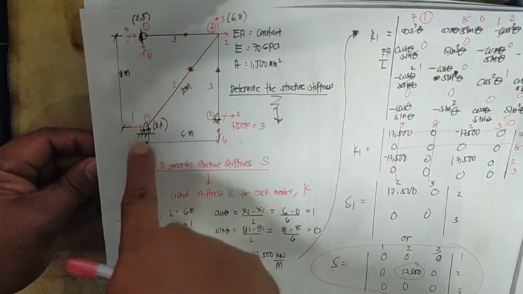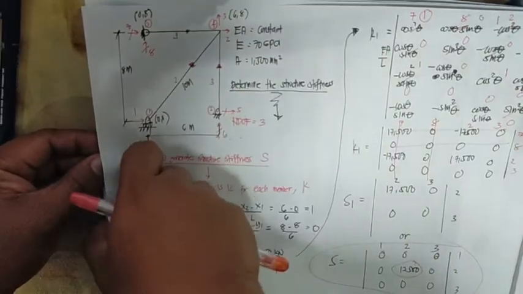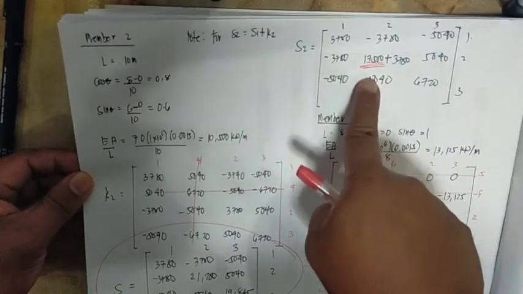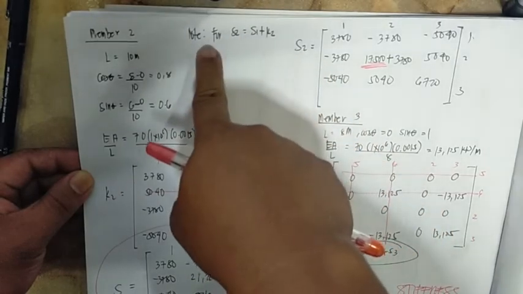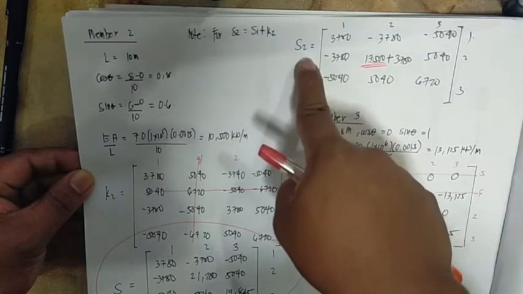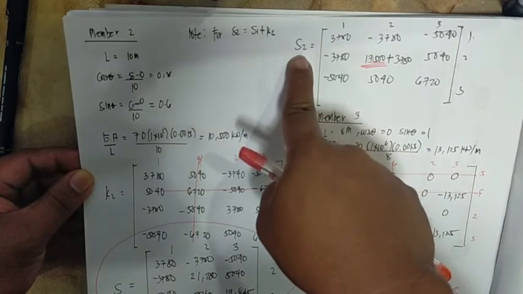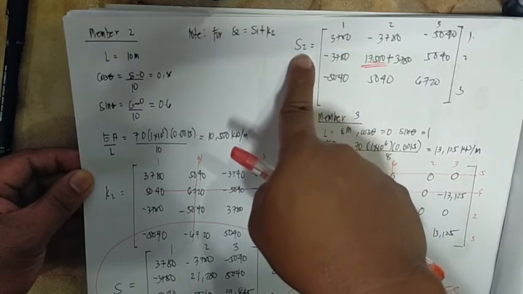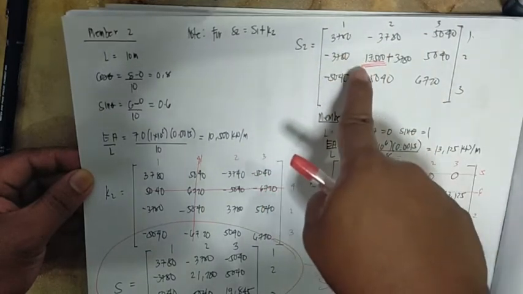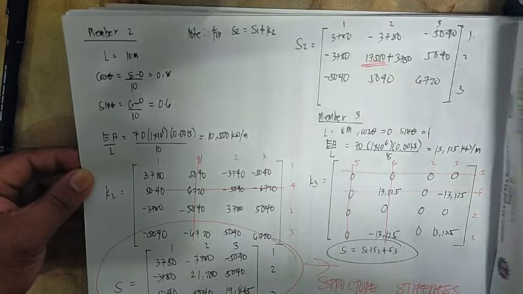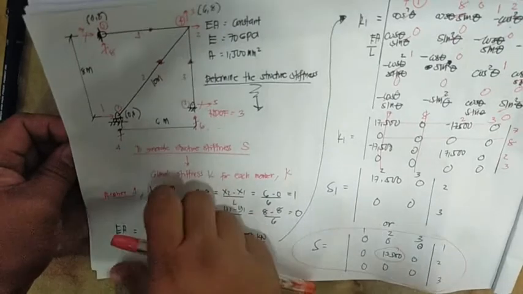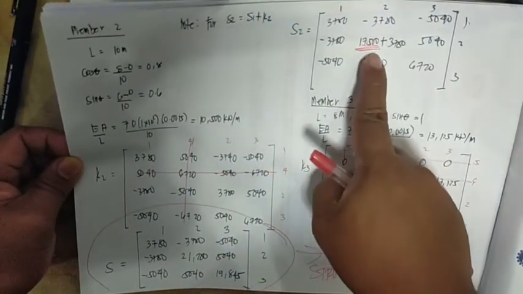Member 2 is 1, 4, 2, 3. Then create now the structure stiffness. So, take note, S2 will be S1 plus K2. The structure stiffness for member 2 is the original member stiffness in global plus the one that you have in member 1. So here is 17,500. We add only here 17,500.